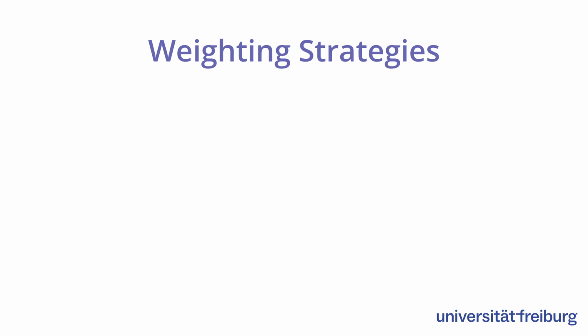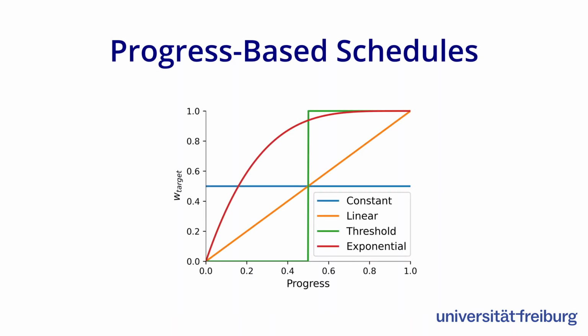Both ensembling and flow composition rely on weighting the local models. We propose and investigate 3 different weighting strategies. A surprisingly effective approach is to use a simple progress-based schedule to weight the models. Yet these schedules are hand-designed and require a priori knowledge of which models matter when and where.